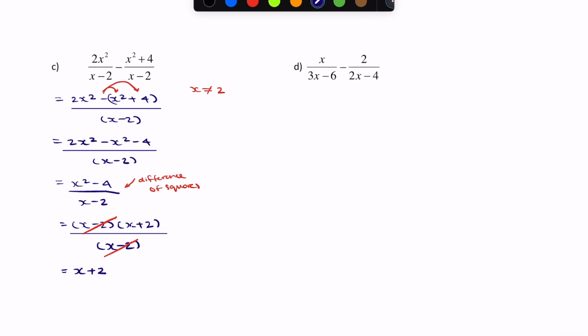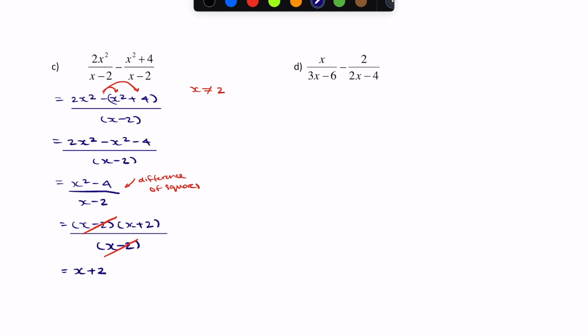Okay, so let's look at d here. So d has x over 3x minus 6 minus 2 over 2x plus 4. The first thing we're going to do here is factor out a common factor from the 3x minus 6 and the 2x plus 4.